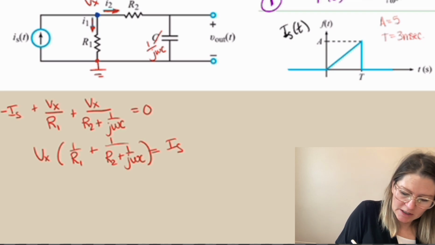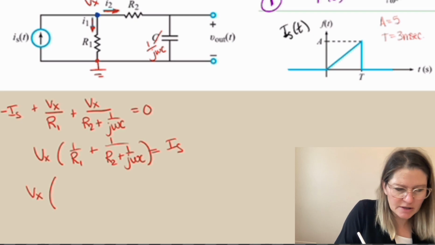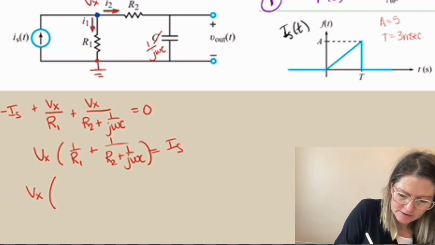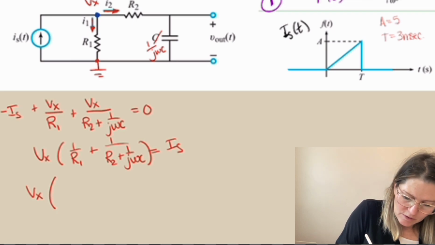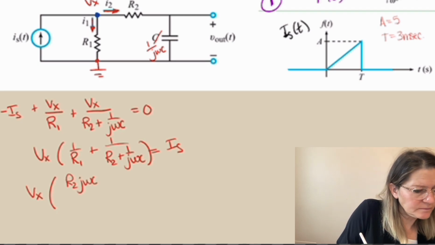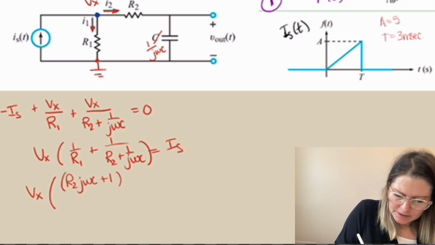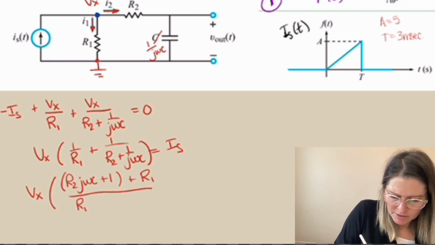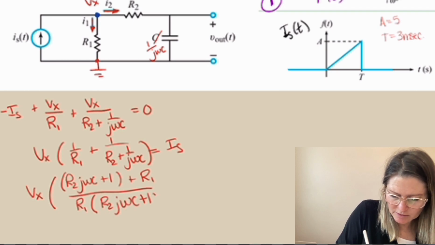And then combining to get, again, the common denominator for these, you get R2 times j omega C plus 1, and then our common denominator is R1 times R2 j omega C plus 1.